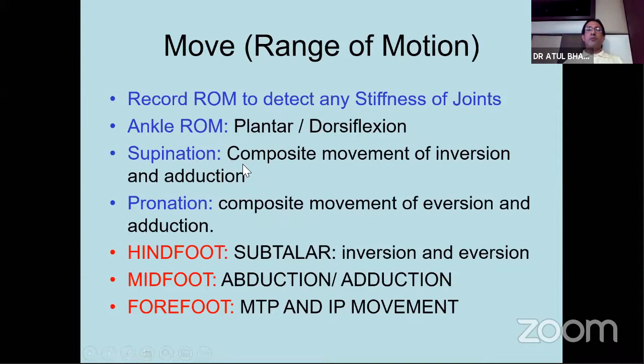Of course, you look at the composite movement as well, where you can supinate the foot completely, which is the combination of inversion and adduction, and then whether you can pronate the foot. These are important for neuromuscular cases where you have a peroneal spastic flat foot, with an overactive peroneal tendon and lack of inversion, or in the case of tarsal coalition, where there's stiffness of the subtalar joint. So you must have a mental picture of the range of movement, which movements are blocked and which part of the foot is more severely involved.